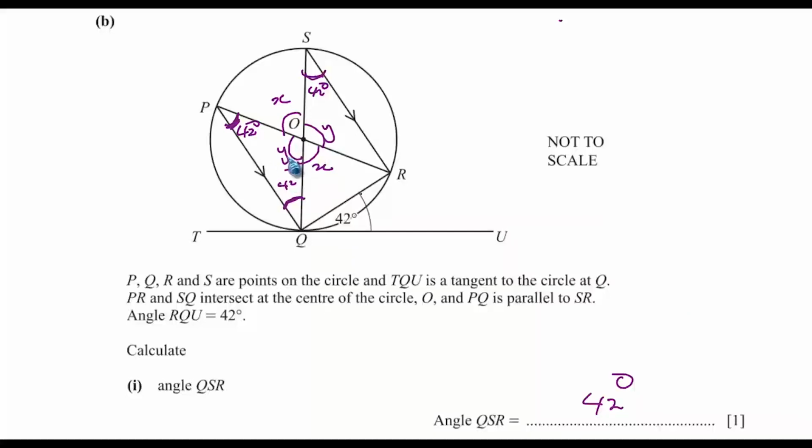So these are vertically opposite angles as well. To calculate the value of y, add 42 to 42, okay, that will give you 84. Then subtract 84 from 180. If you subtract 84 from 180, you will get 96. So that is the value of y.